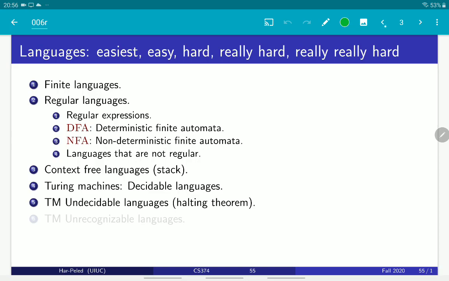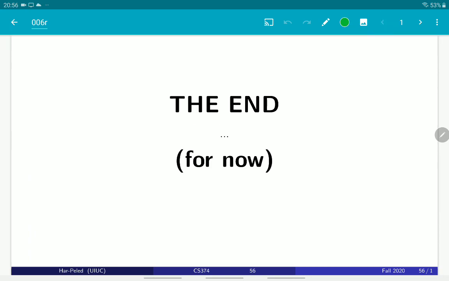And then we're going to go even further, and we will speak about languages that are not even decidable, that are recognizable languages and unrecognizable languages and so on. And that's the plan of attack, as I said, for the following months. And that's it for now.